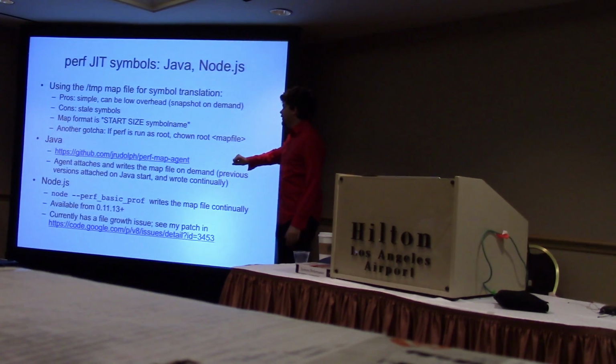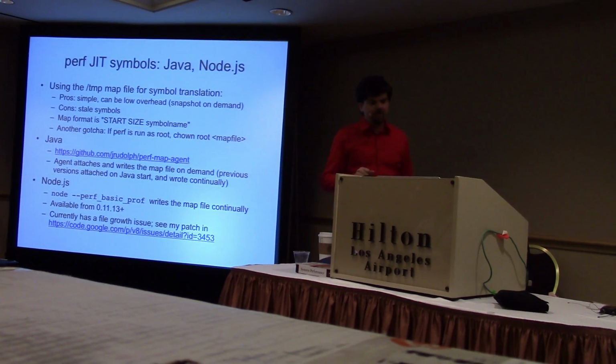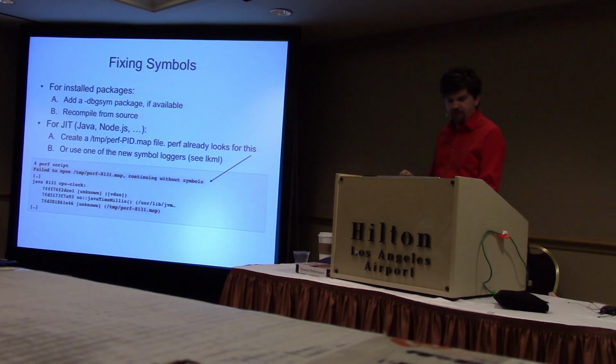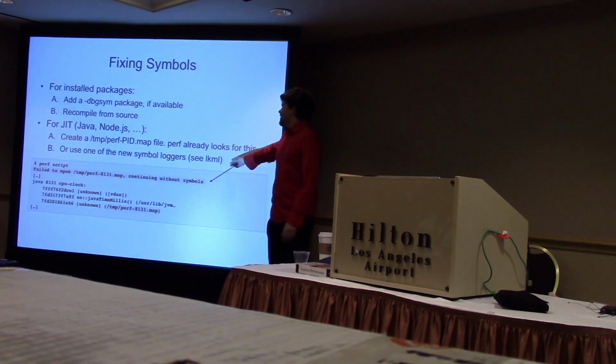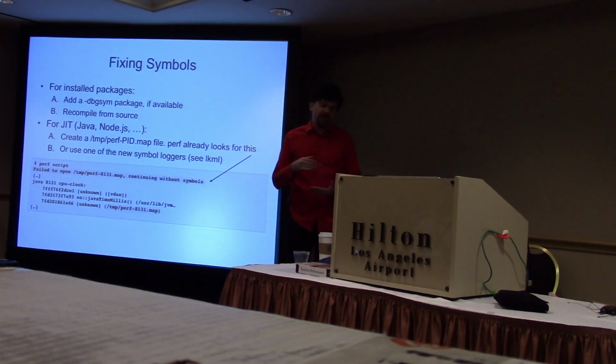There is another approach that's being developed, and it's being mentioned on the Linux kernel mailing list right now. It is a Java agent that will do continual symbol dumps into perf that go into the perf.data file, timestamped.